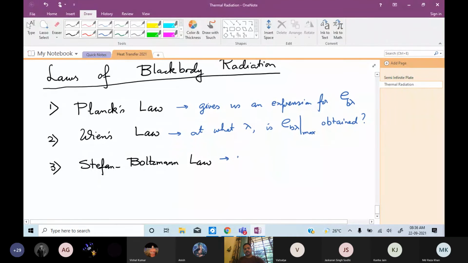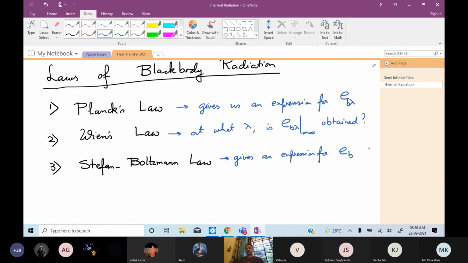And Stefan Boltzmann law gives an expression for EB, the total hemispherical emissive power of a black body.